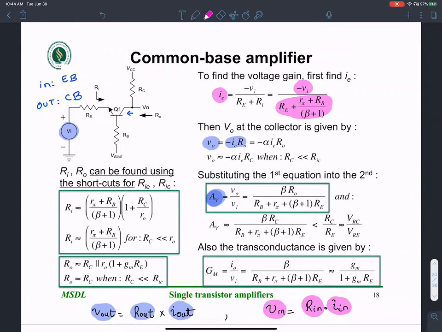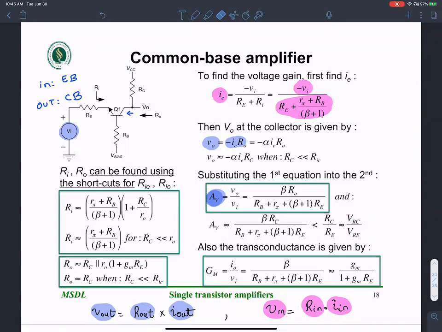Typically this will approximate to RC over RE, or the voltage dropped across RC over the voltage dropped across RE. So that's the gain of the common base amplifier.